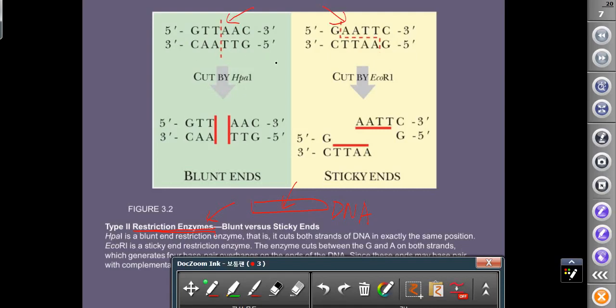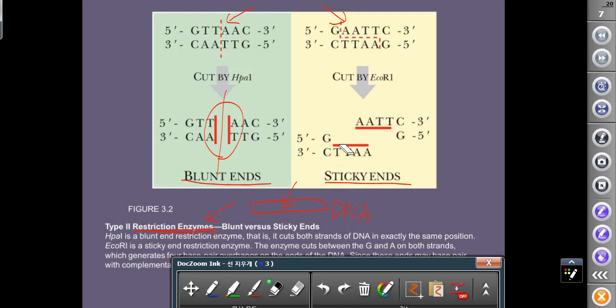Okay, so one is leaving this type of blunt ends. Blunt literally means leaving a clean cut without any part sticking out. Whereas these sticky ends, they leave these parts that are sticking out. Okay, so let me change the color here.